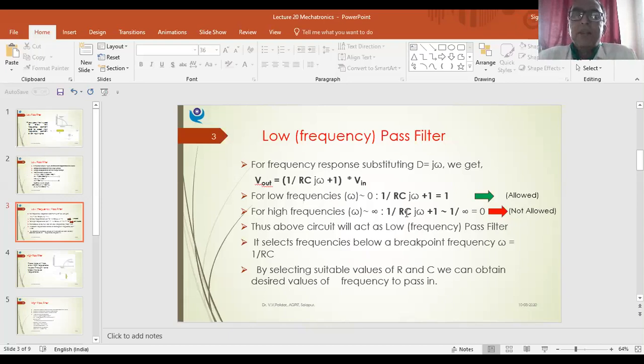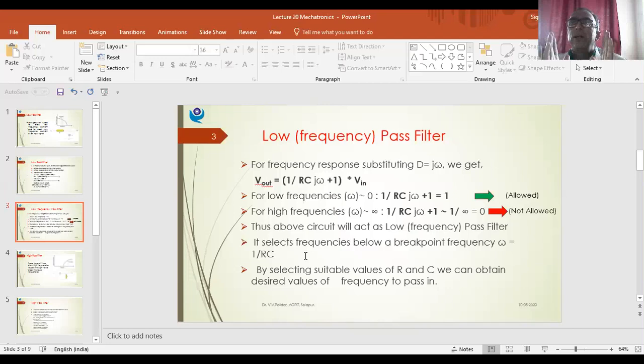If I want a certain frequency value, I will select the ohmic value of the resistance and the farad or microfarad value of the capacitance in such a way that the value of 1 by RC is, let us say, equal to 10 radian per second. So 10 radian per second is my breakpoint frequency.